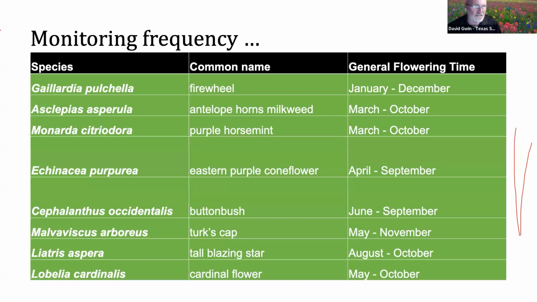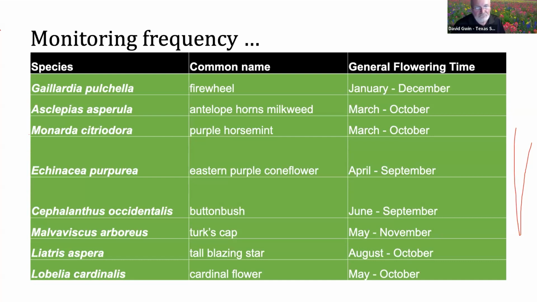I'll throw this up there. This is a graphic that shows you that each of the native plants that are on our list have very different flowering times. And I put this graphic up so that you can see, if you're a teacher or a master naturalist and you want to do this project, and you travel for instance, if you take the summers off and you travel during the summer, you probably want to stay away from Eastern purple coneflower, right?